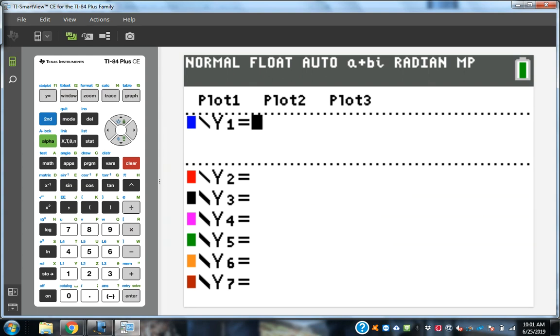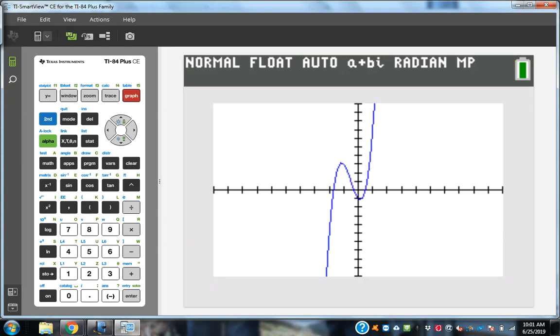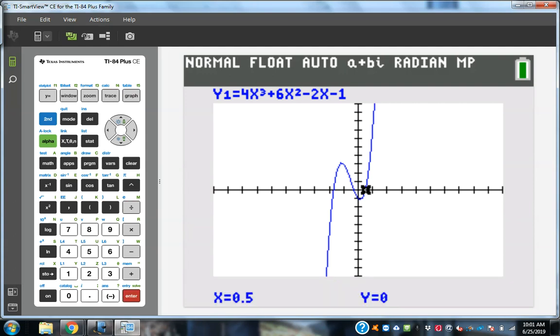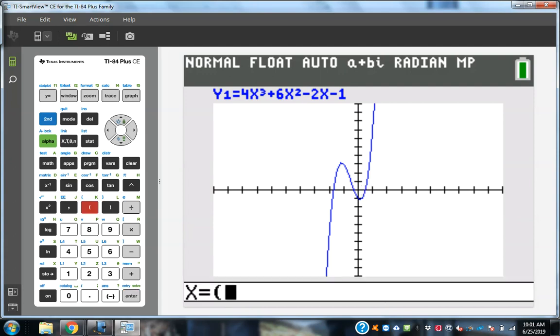If we graph the original problem, 4x to the third plus 6x squared minus 2x minus 1. We graph that. We see it crossing in 3 spots. If we hit trace, the 1/2, there's it. That's the one they told us about. It's not exciting. And then we do the other ones, negative 2 plus the square root of 2.